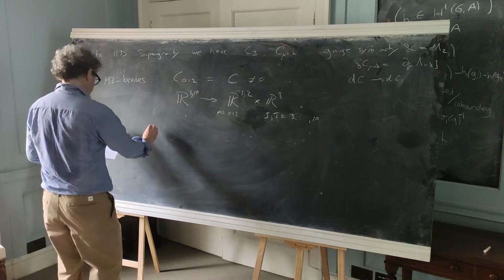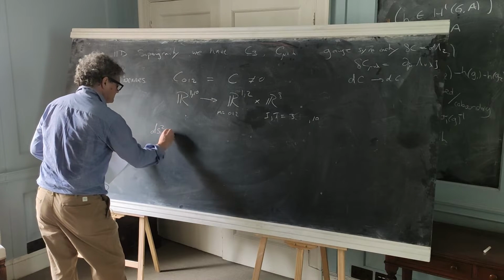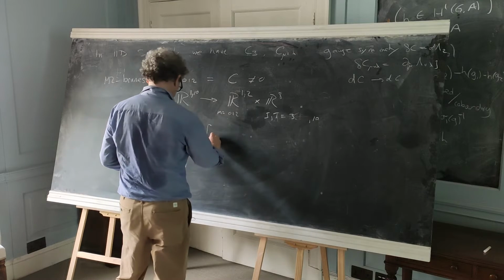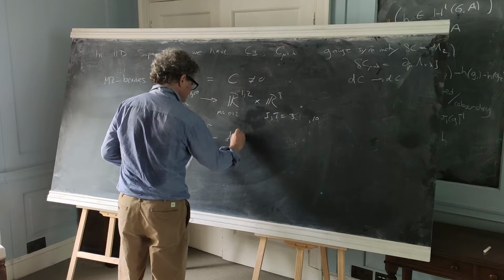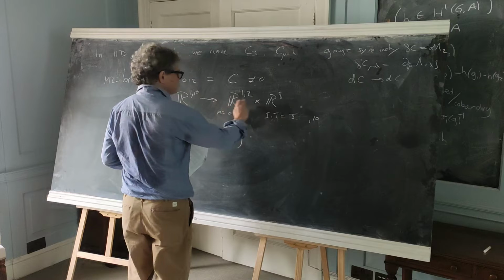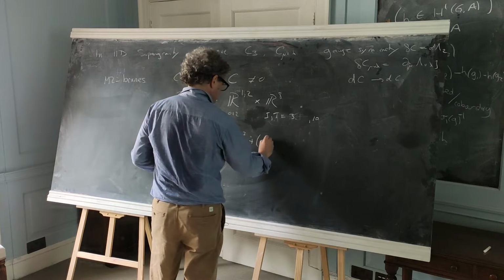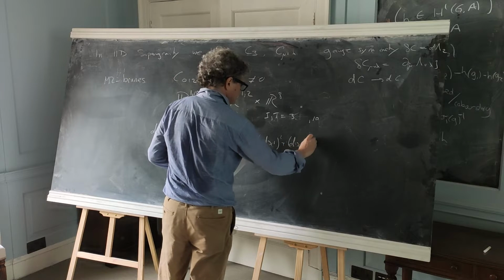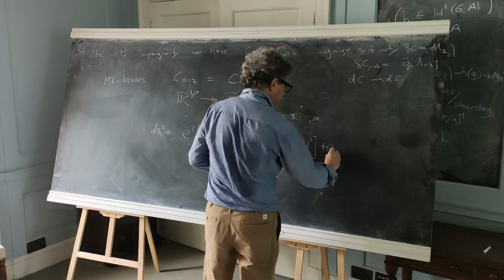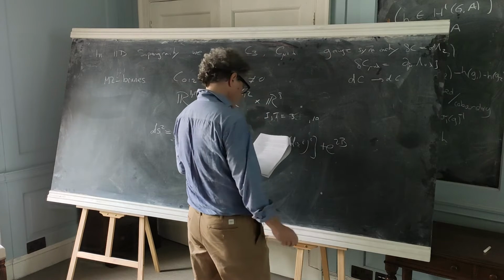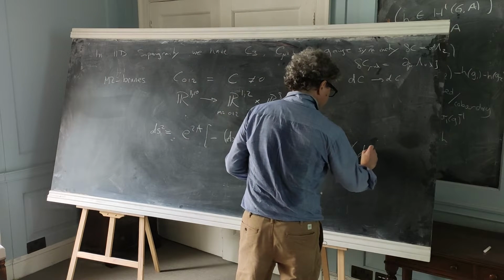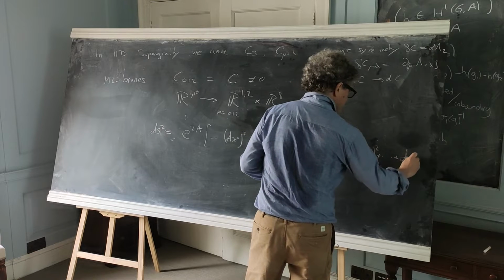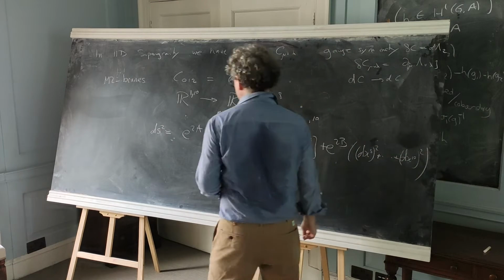So the natural ansatz to try is something that's going to preserve the splitting, with e^{2A}, e^{2B}, and so on.